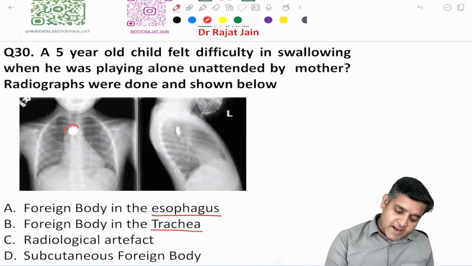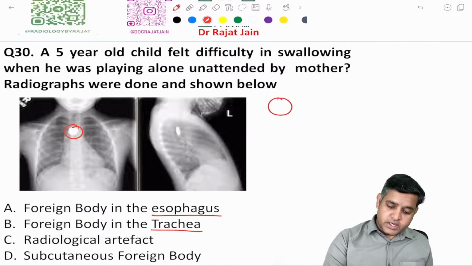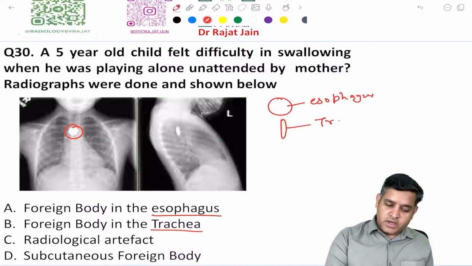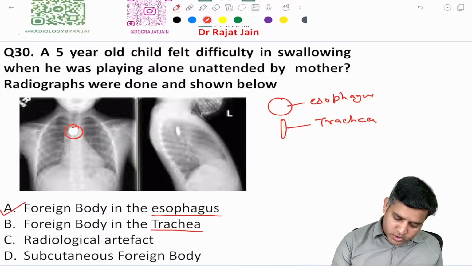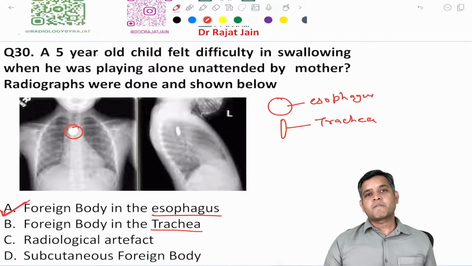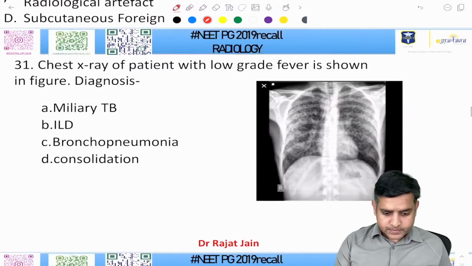If it is seen flat on the frontal view, it is present in the esophagus. If it is seen as a slit on a frontal view, it is present in the trachea. So this is the foreign body in the esophagus, right?